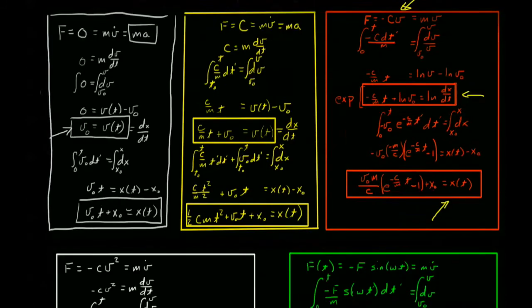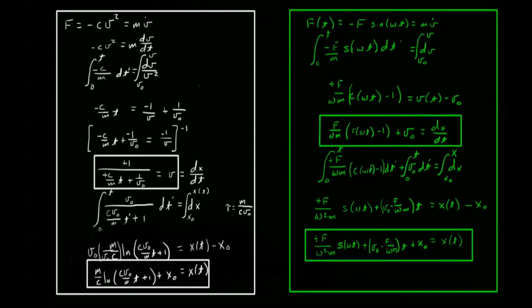Finally, let's take a look at the white. This is F equals negative c v squared. This is quadratic drag. This is the type of force you're going to see if there's a very high velocity object going through air or some sort of fluid. The velocity is right here. Our position is right here.